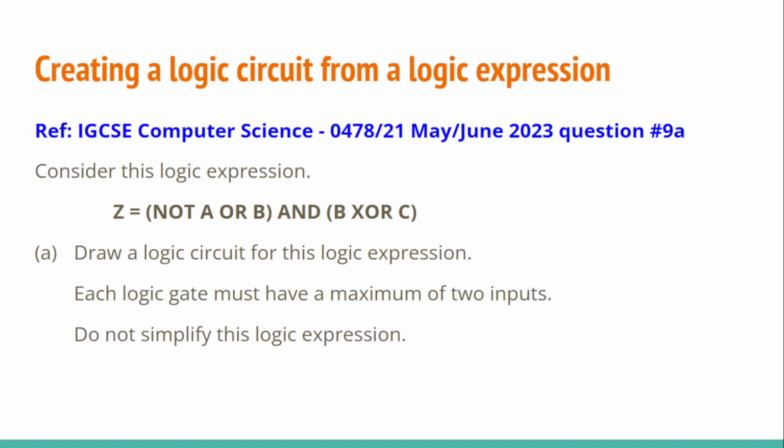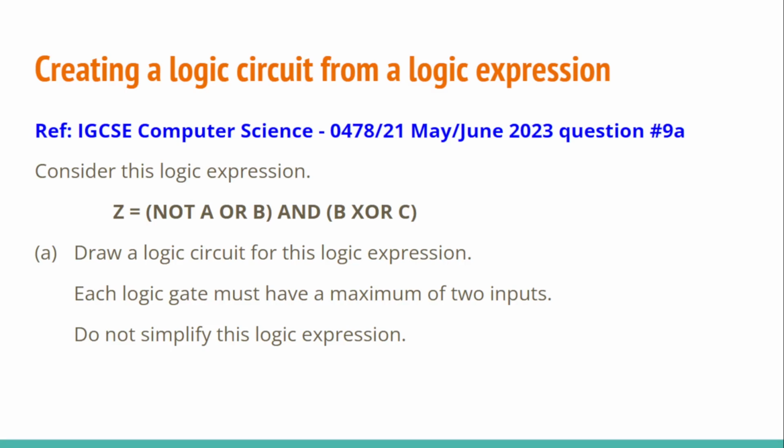Consider this logic expression: Z equals not A or B and B XOR C. Draw a logic circuit for this logic expression. Each logic gate must have a maximum of 2 inputs. Do not simplify this logic expression.